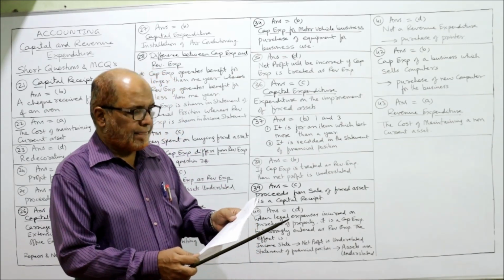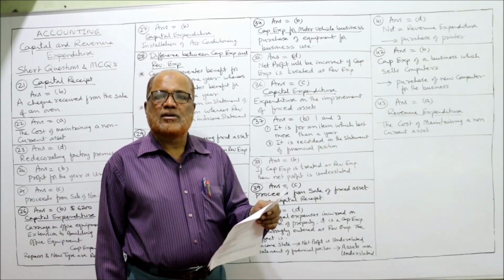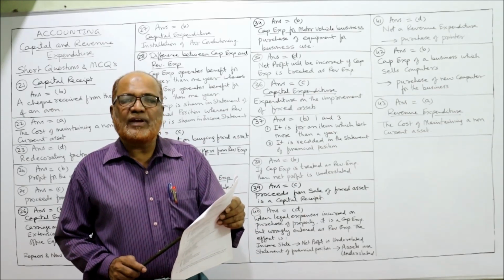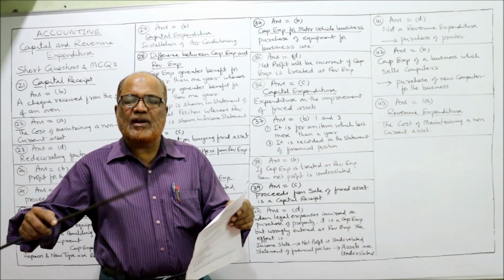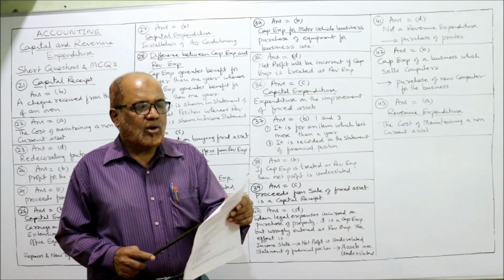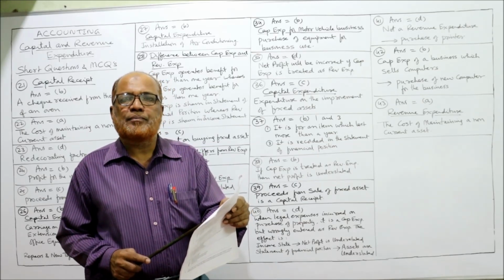Now 41. Again MCQ. Which is not a revenue expense? The four options are given. Cost of ink cartridges, it's a revenue expenditure because every now and then we have to incur expenditure on ink cartridges. Then cost of printer maintenance, it's a revenue expenditure.